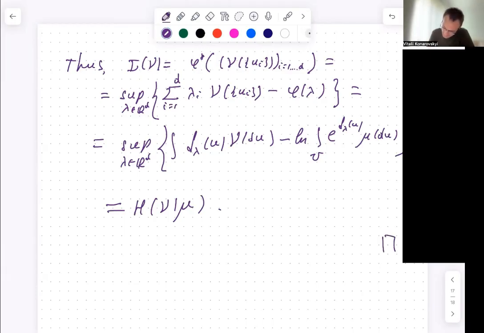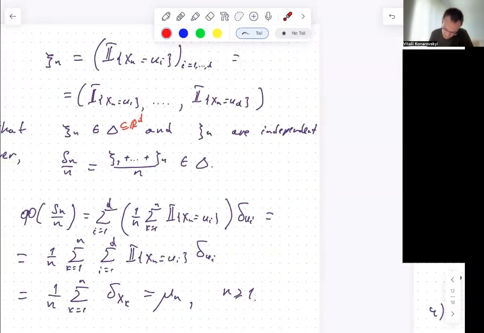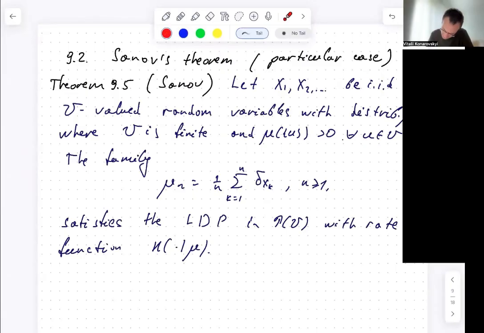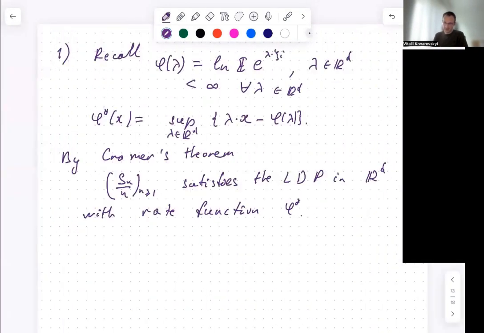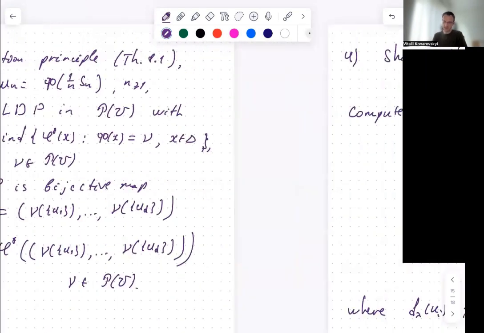Okay, and the fact that h is a good rate function follows from the exercise. It's better to write here that it is a good rate function. Okay, with good rate function h of mu, then the proof of this theorem is finished.